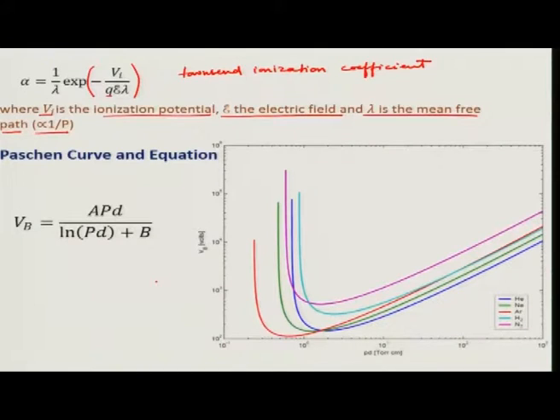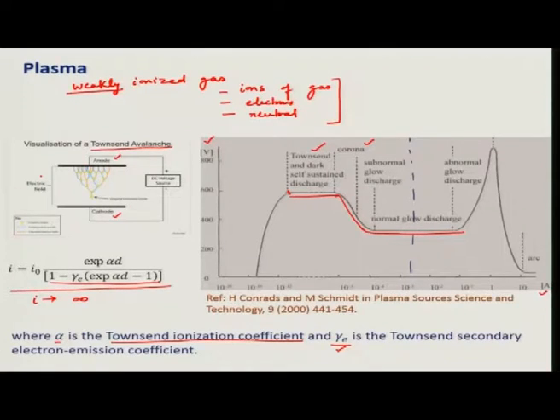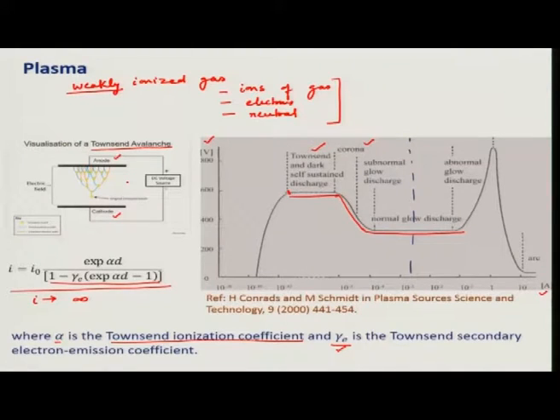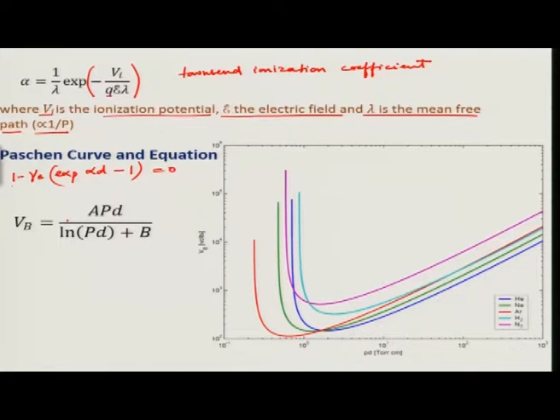So, 1 minus gamma E, let me go back to copy it, exponential of alpha d minus 1, this expression should be equal to 0. Because alpha has this electric field, which depends on the applied voltage, this expression depends on the applied voltage.